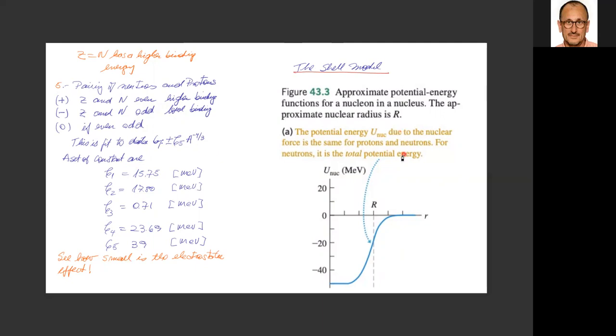There's a different model that one can consider. We still have a few minutes to go.